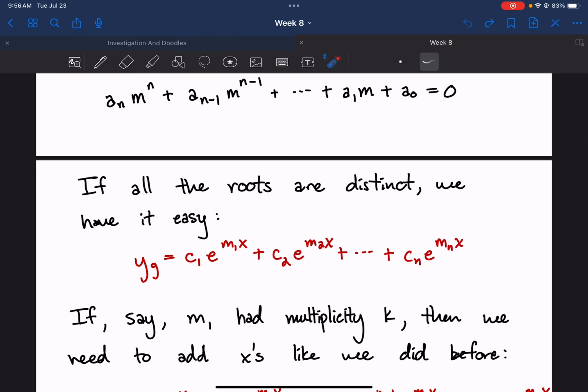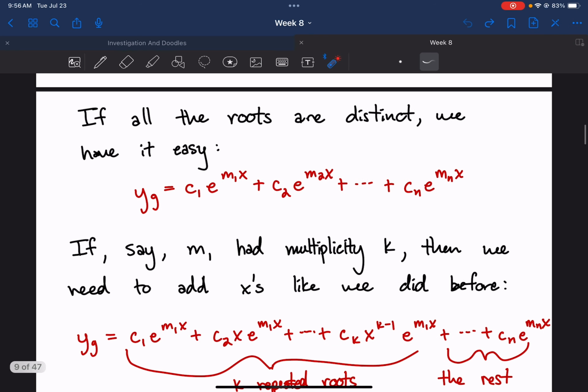If, say, m1 has multiplicity k, then you just need to add x's like you did before, right?